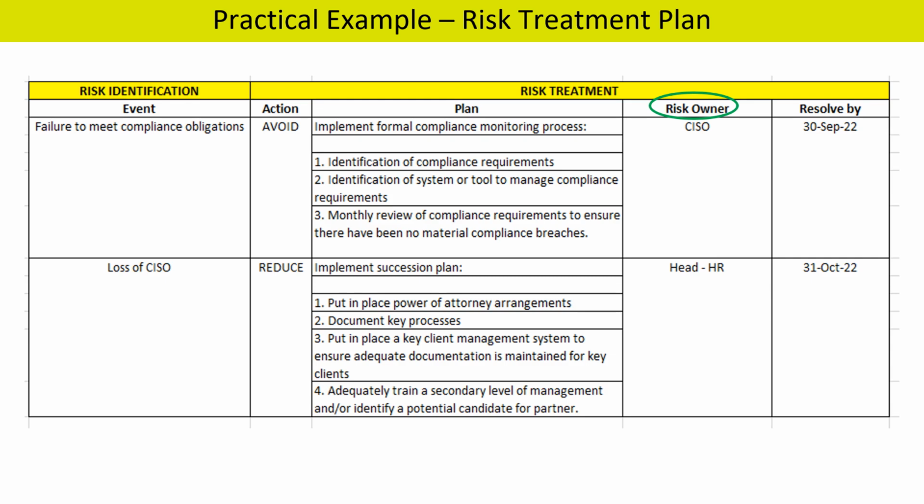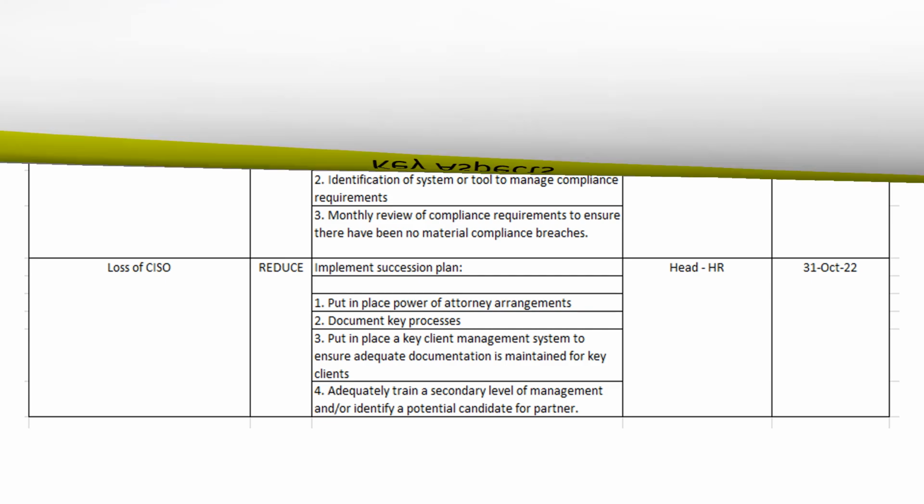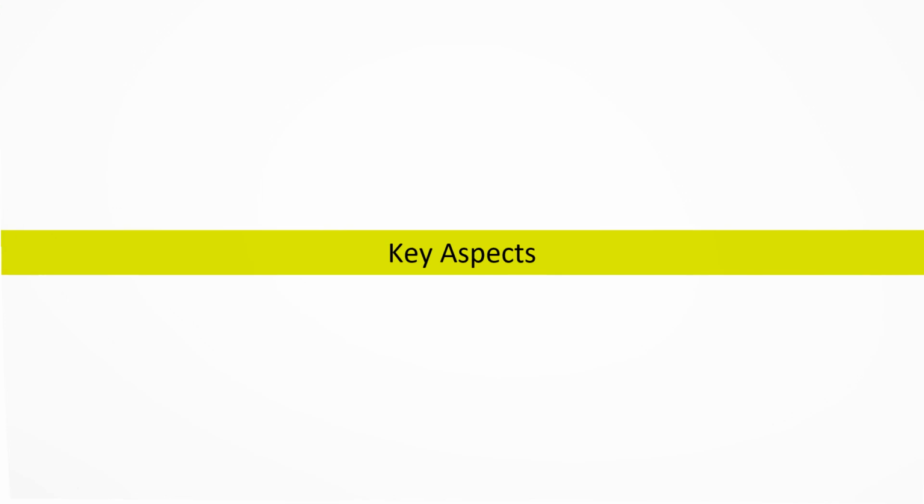However, it is very important that identification of the risk owner is done. Identification of the risk owner is a requirement of clause 6.1.2. Let us now discuss some key aspects of clause 6.